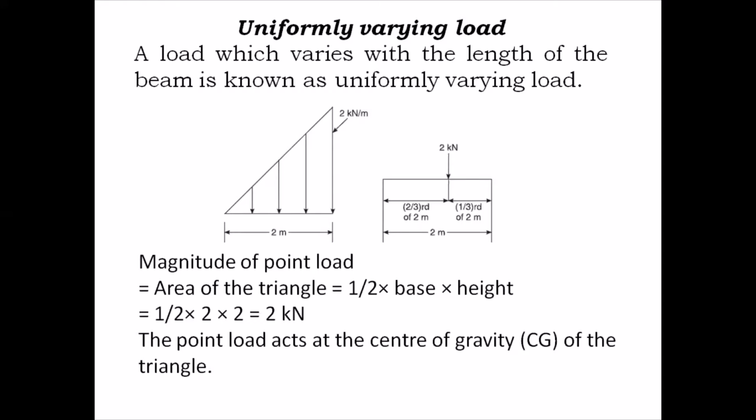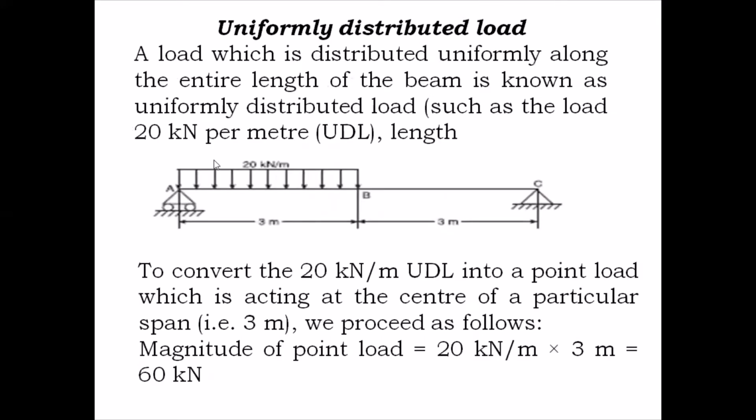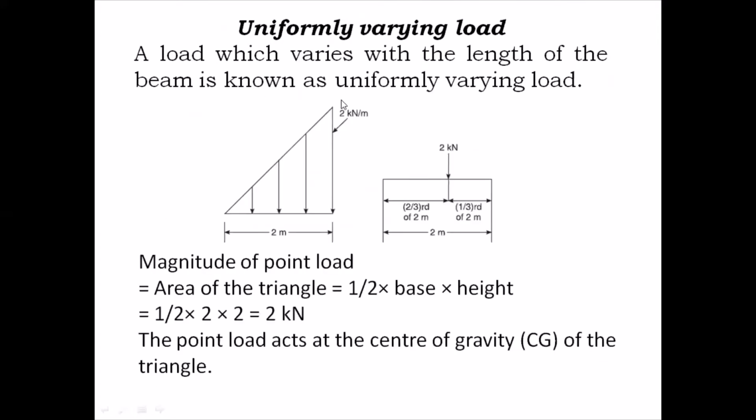Just recall, for the UDL it was 20 into 3, that is the area of a rectangle, length into breadth. Length was 3 meters, breadth was 20 kilonewton per meter, and that is why we took 20 into 3, that is 60 kilonewton.